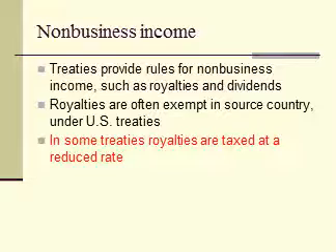Ordinarily, this rate is considerably lower than the country's statutory tax rate on royalties. For example, a foreign country's normal tax rate on royalties earned by a foreign company may be 30%, but under the treaty, this rate may be reduced to 5%.